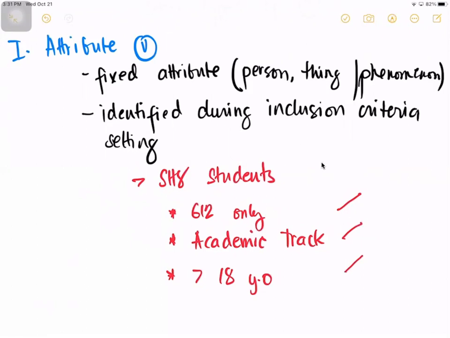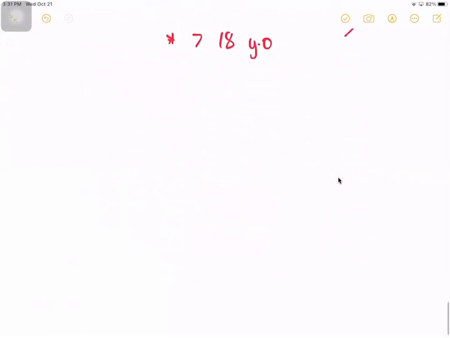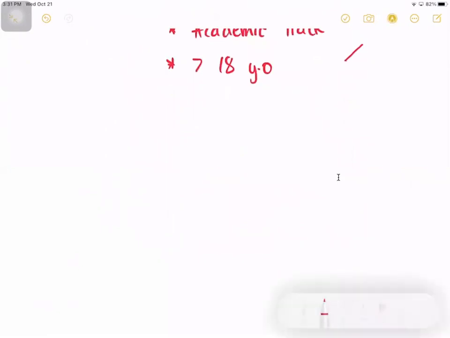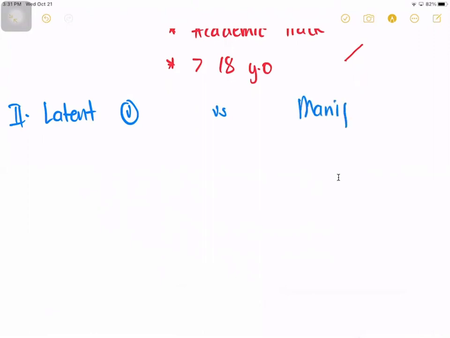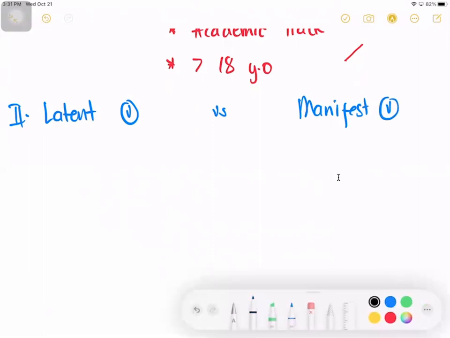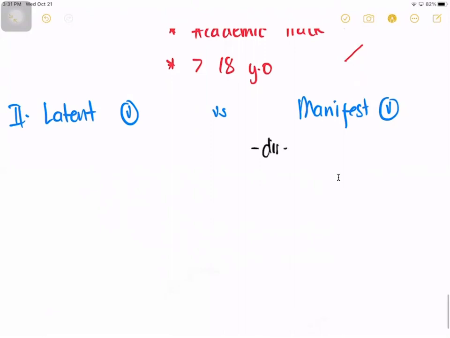Next, we have another type, and we call this latent versus manifest. I'll just cluster them together: latent variable versus manifest variable. So, the distinguishing characteristics between the two. When I say a manifest variable, this can be directly observed. From the name itself, manifest, it is easily identified.